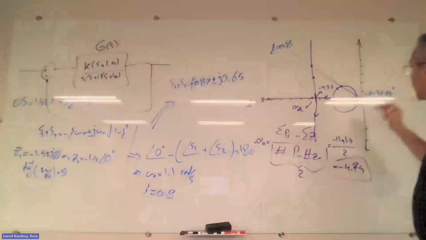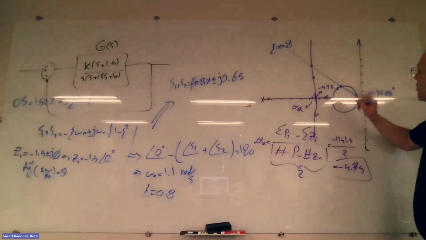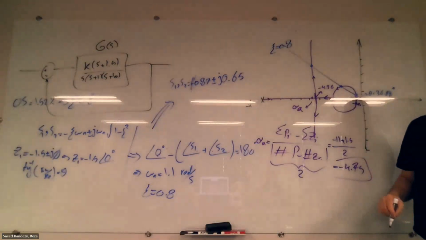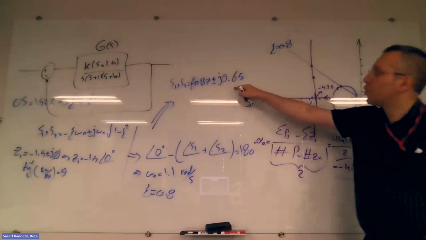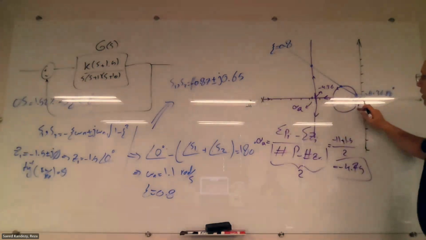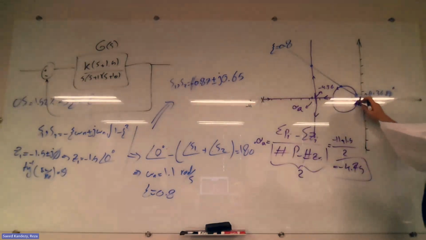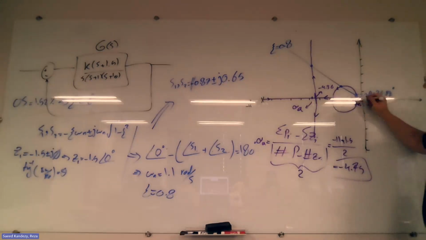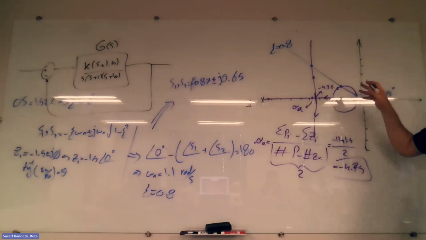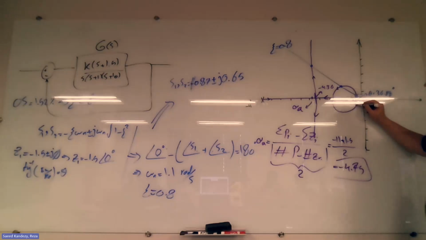Minus 0.87 is here. And 0.65, this point was 0.62, this interception. So 0.65 is going to be here. My drawing is off, but you can find that these two S's actually are this interception and the conjugate of that interception.